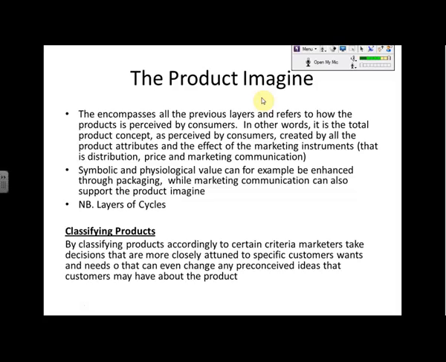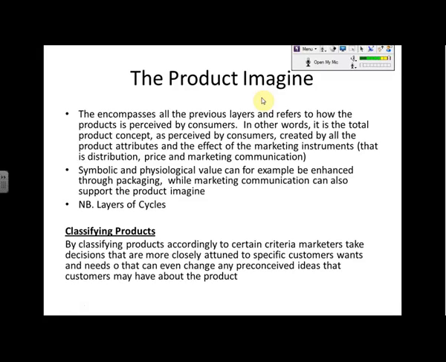That is distribution, price, marketing, communication. Symbolic and psychological value can, for example, be enhanced through packaging, while marketing communication can also be supported by the product image. For example, you look at the layers of the circle.